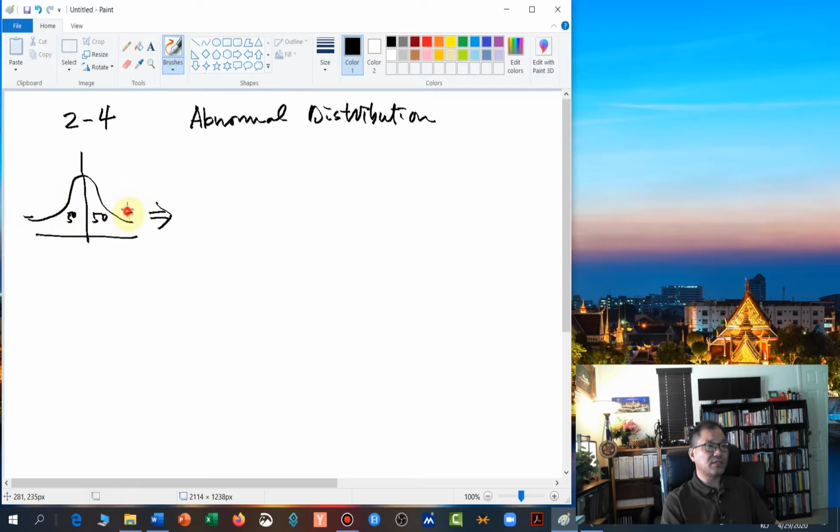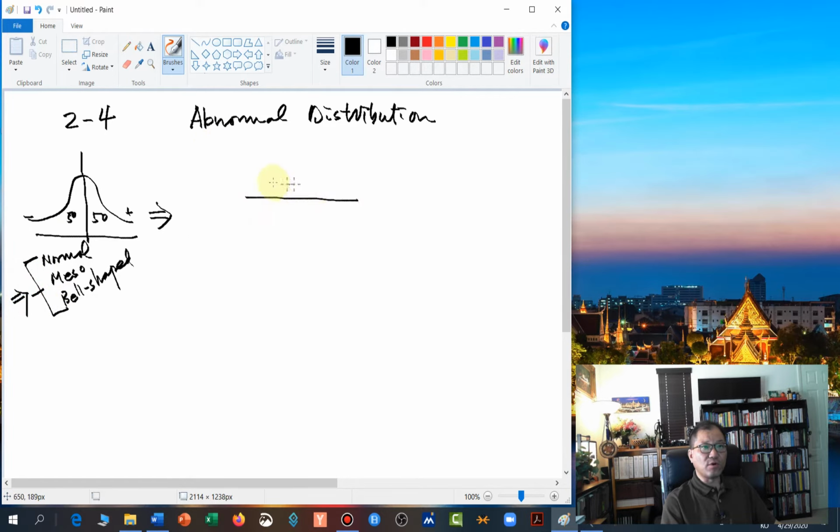Negative side, positive side, or small numbers and big numbers, and a lot of numbers centered in the middle right there. This is called normal distribution, or mesokurtic, or bell-shaped. They are the same. Remember they are the same.